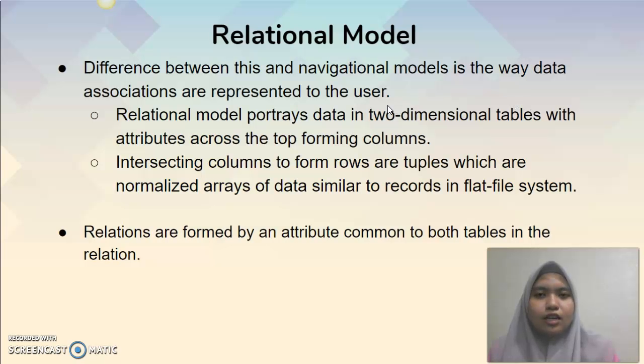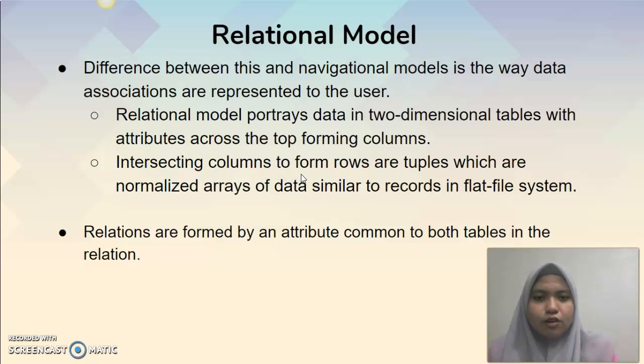The next model is the relational model. The difference between this model and the navigational model, or as we call it the hierarchical model, is the way data associations are represented to the user. Relational model portrays data in two-dimensional tables with attributes across the top, forming columns.